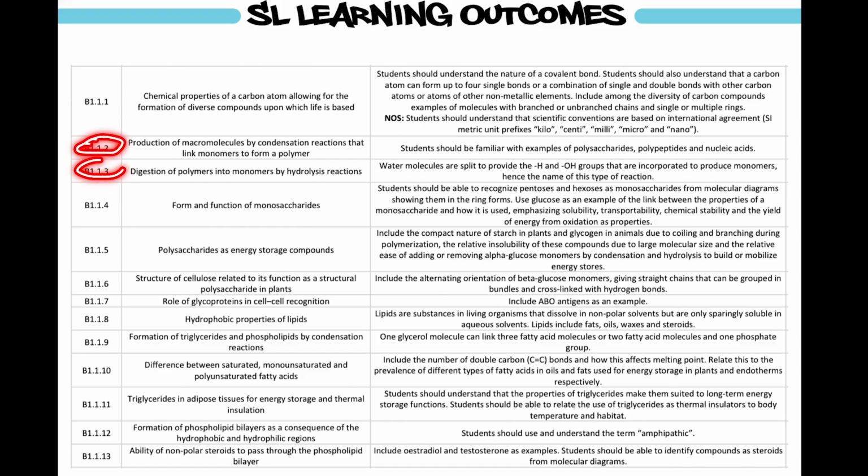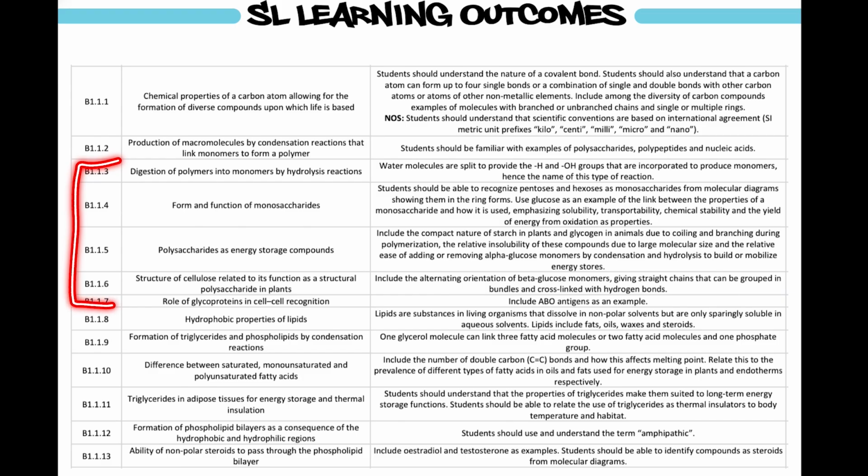All of these learning outcomes effectively explored how these biomolecules can be built or broken down using hydrolysis and condensation reactions. And then the rest of these learning outcomes is broken up broadly into carbohydrates and lipids.